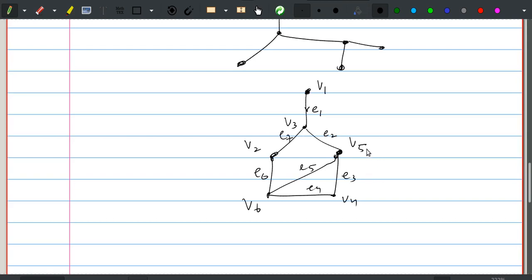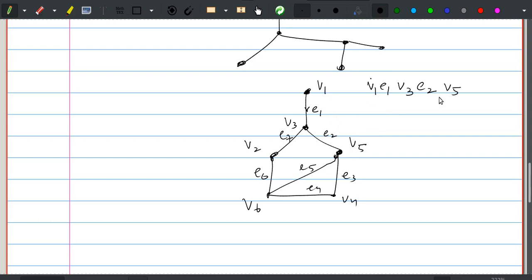If we have to look for paths between vertices v1 and v5, this is one path. So we start with vertex v1, then v1 is followed by edge e1, e1 is followed by v3, v3 is followed by e2, and e2 is followed by v5. So this is a path between vertices v1 and v5.